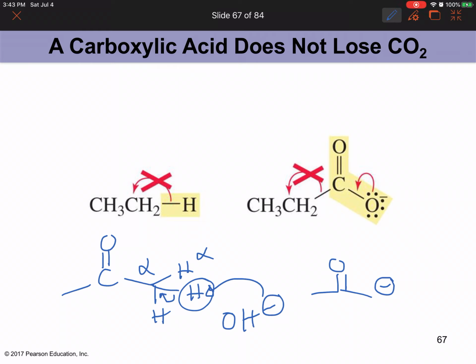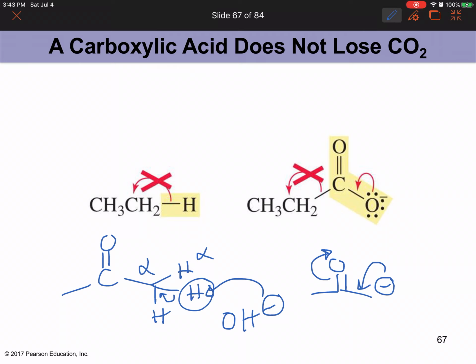That's because once a proton is lost, the resulting anion is stabilized by this carbonyl group. It's not a localized negative charge. Normally, whenever you make a charge, if it is localized, if there is nothing for it to stabilize, it becomes highly unstable. It normally does not form.